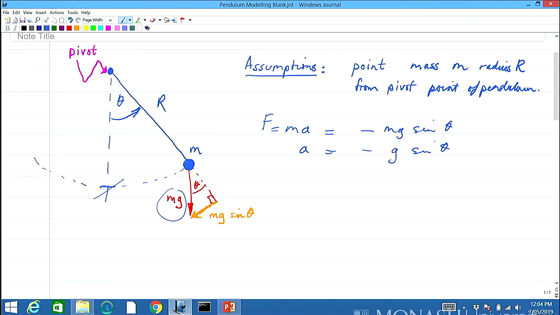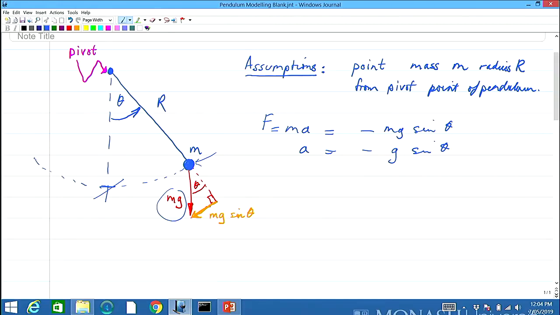So that mass m shown here as a point mass is really the centre of gravity of the pendulum itself. So we can then simplify the analysis just by considering that point mass, and we'll look at that assumption at the end.